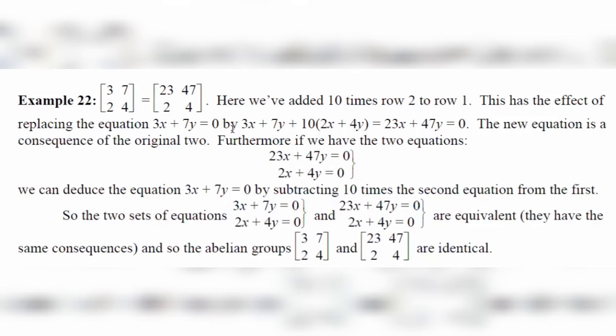Here we can see it's a simple equation: 3x plus 7y plus 10 times 2x plus 4y gives us 23x plus 47y equals 0, as you can see here. We have added 10 times this equation to this equation, so we get this.